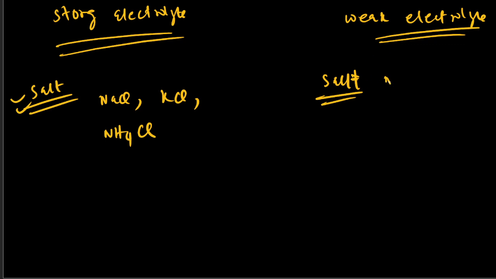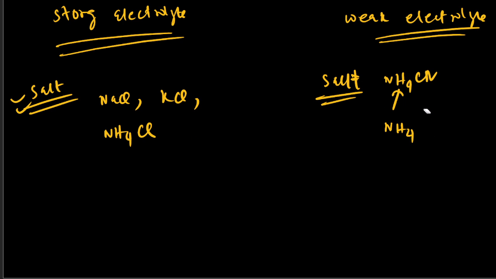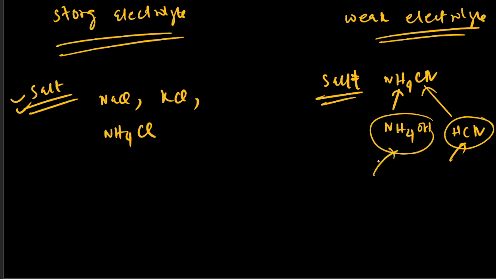Like if we say NH4CN, this NH4 belongs from NH4OH, and this belongs from HCN. So HCN is a weak acid, and NH4OH is a weak base. This is from weak base, this is from weak acid.